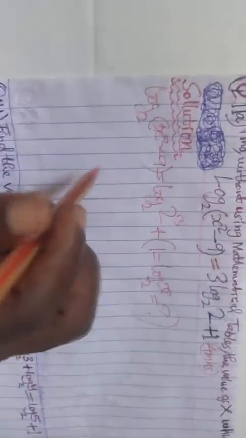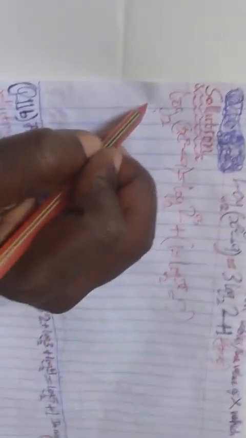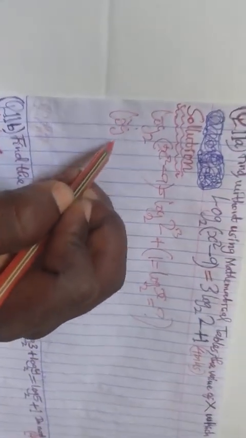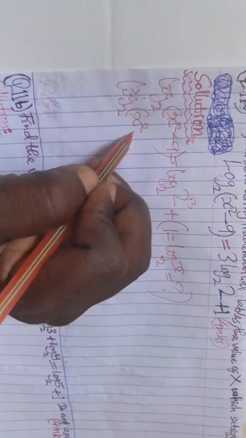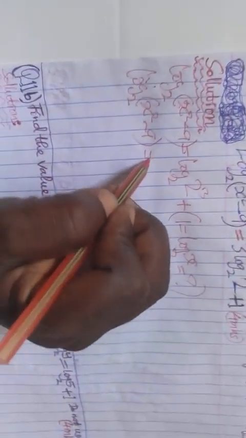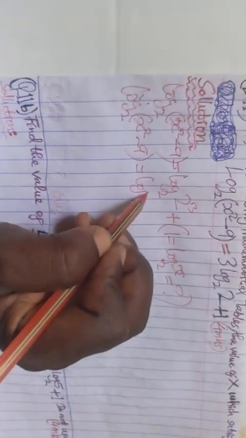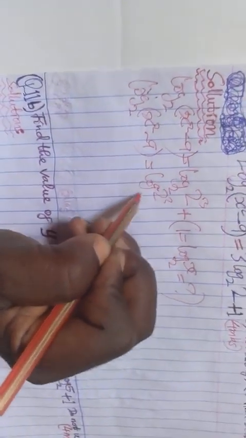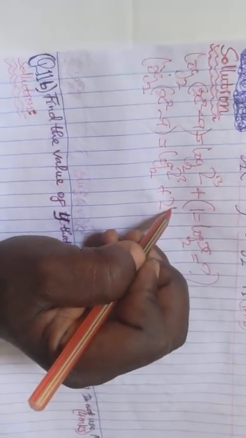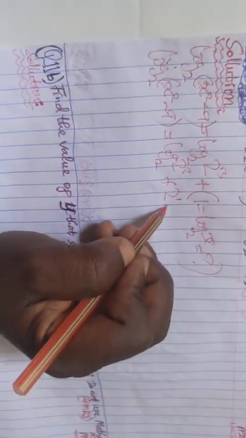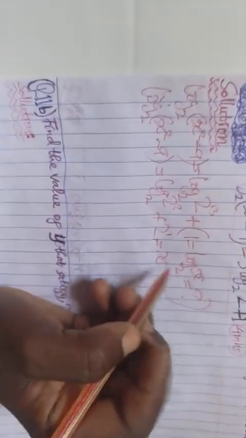Therefore, we proceed as log base 2 brackets x squared minus 9 is equal to log 2 power 3 base 2 plus 2 power 1 is equal to x.